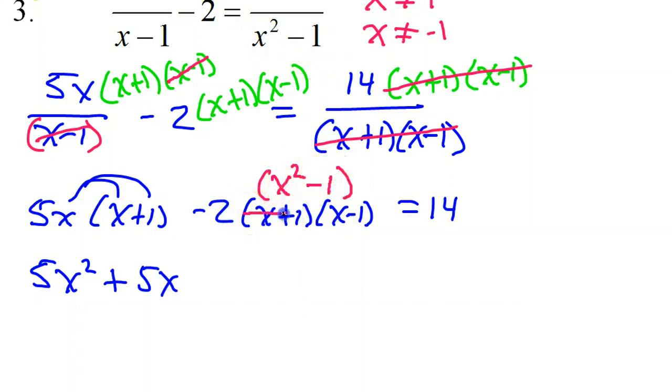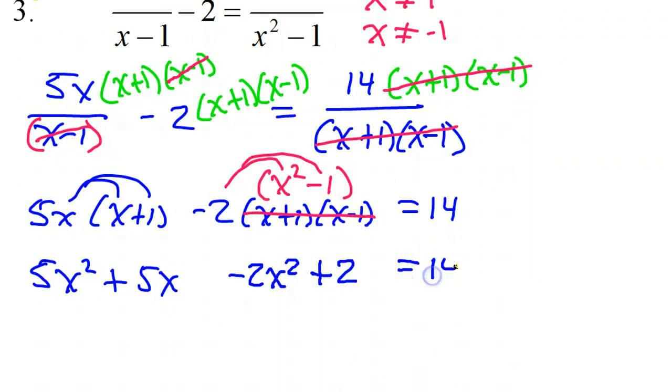So it's easier to think of it this way, x squared minus 1. So if I do the distributive property on this, then I will have negative 2x squared plus 2, okay, that's just quicker, is equal to 14.